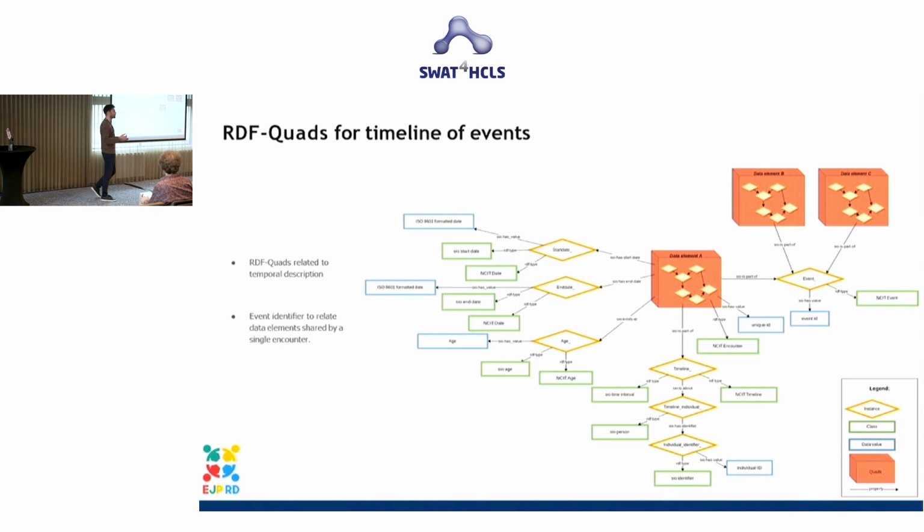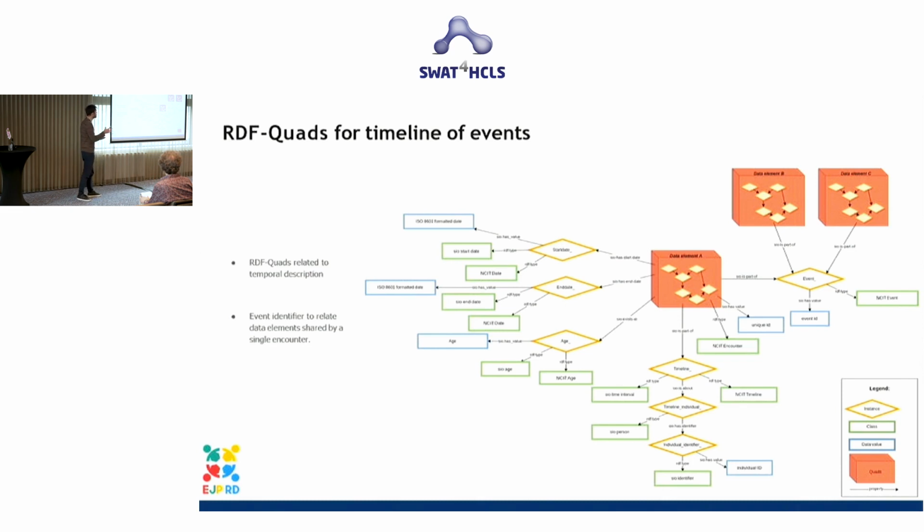This allows us to connect this information to temporal data, like, for example, time intervals, starting date and end date, also age information, in case you want to define the age of the patient at the moment of the observation.